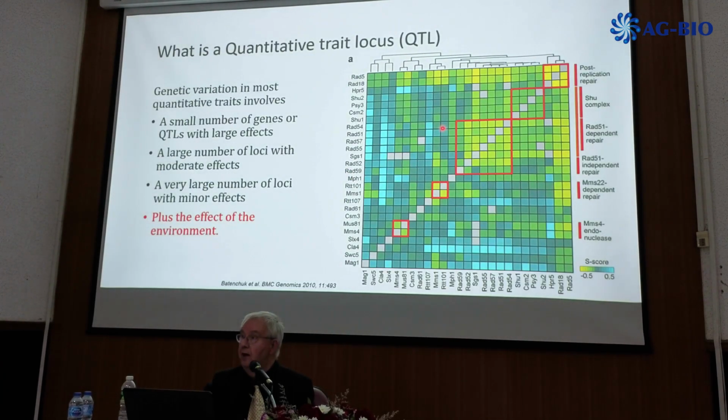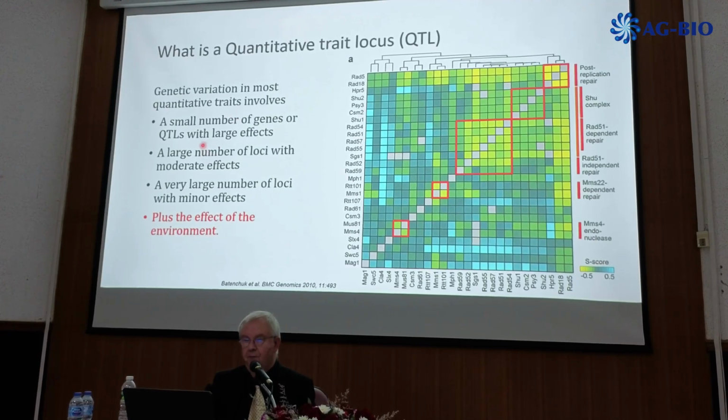And years ago, when I taught my students about these kind of things, there's very nice research about 50 years ago in yeast. We're not talking about yeast, but in yeast, everything is possible because there's so much more known about the genes, genome of yeast, in which you can see the interaction of the genes. Here is an example of plants, a small part in which you can see the genetic variation that involves quantitative loci.